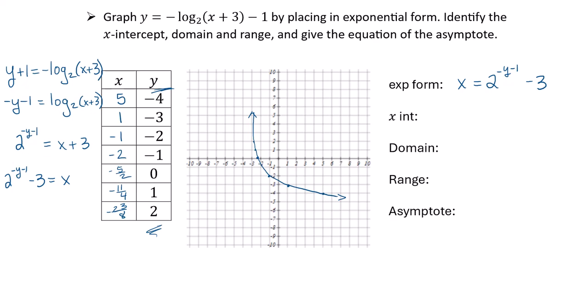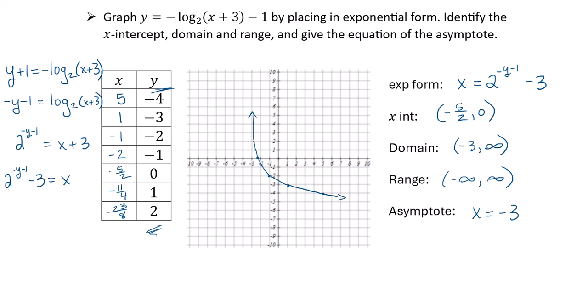I have an x-intercept of negative 5/2, 0 that came out on the table here. And the domain looks like it's coming from a negative 3 and going to positive infinity. The range is negative infinity to positive infinity, and my asymptote is x equals negative 3.